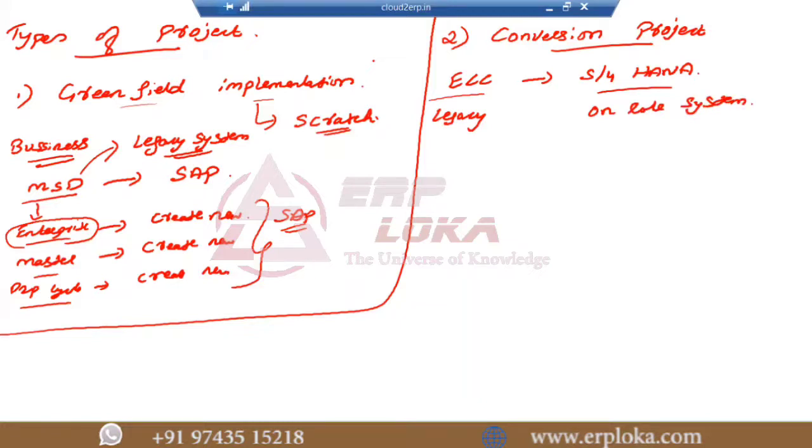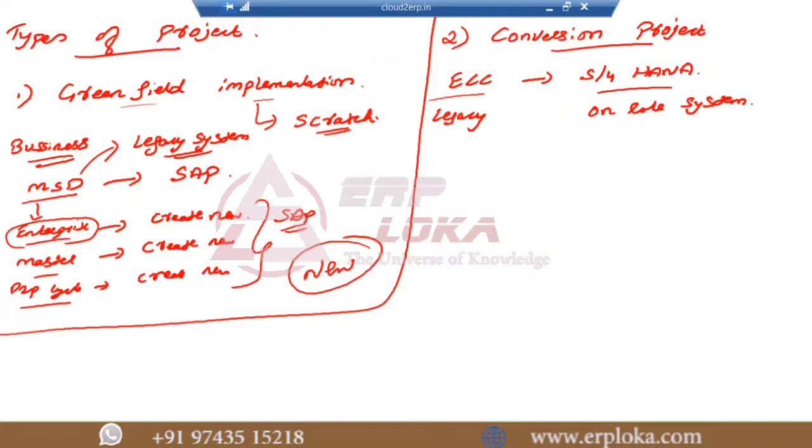So in a conversion project, you are going to convert the system from ECC to S/4HANA. In the greenfield implementation, you are going to introduce SAP to them, so they'll be using another third-party legacy system or an ERP called Microsoft Dynamics. So you are going to create SAP in their business. Everything is getting created new.